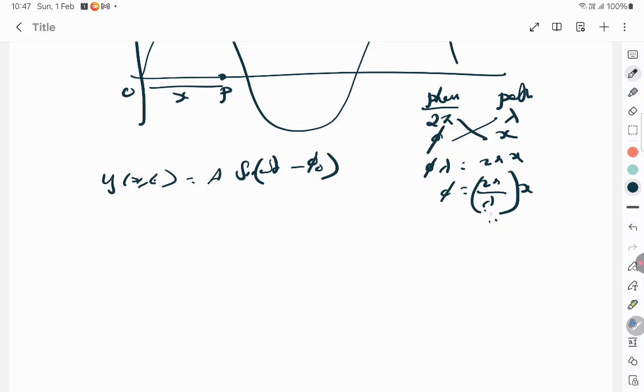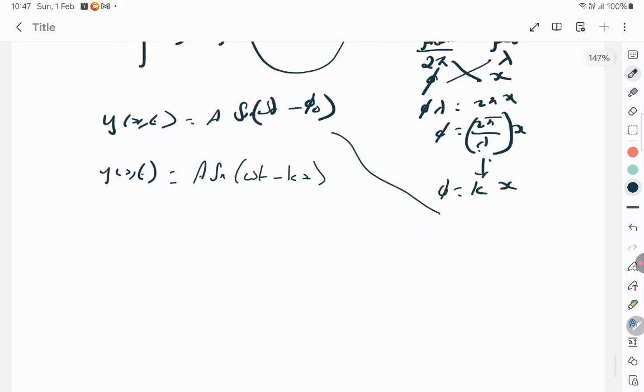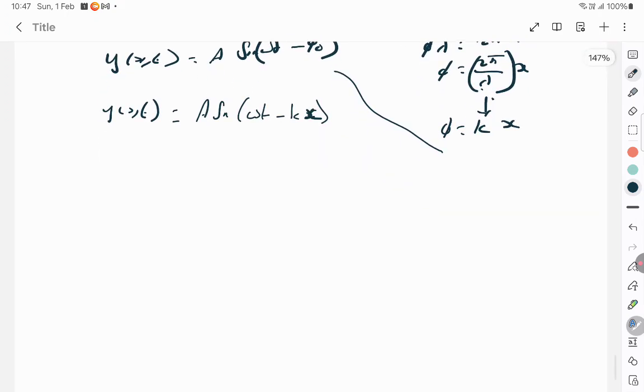This is the phase difference, and 2 pi by lambda itself is called the propagation constant k, which I taught you before. Plugging in here, you get y of x, t to be A sin omega t minus kx.